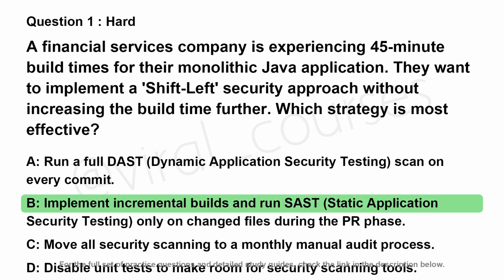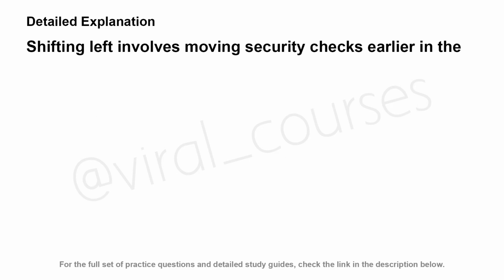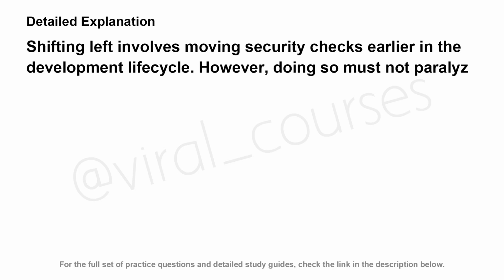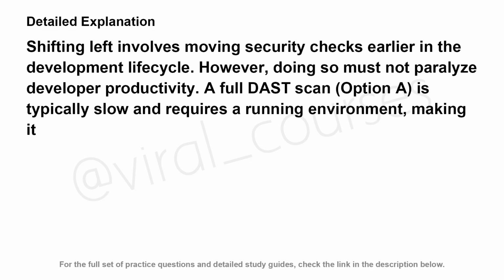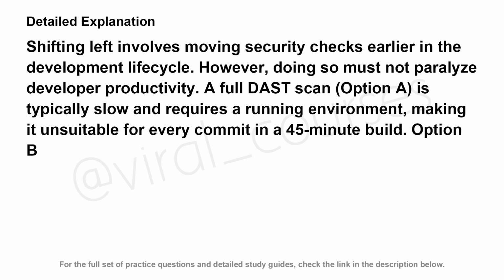The correct answer is B. Shifting left involves moving security checks earlier in the development lifecycle. However, doing so must not paralyze developer productivity. A full DAST scan, option A, is typically slow and requires a running environment, making it unsuitable for every commit in a 45-minute build.